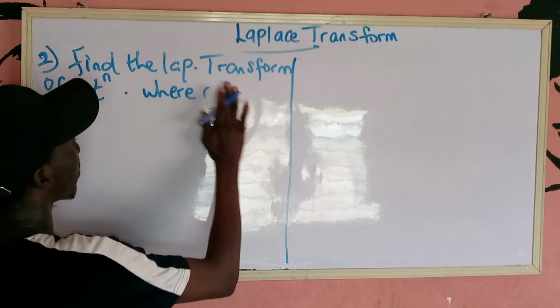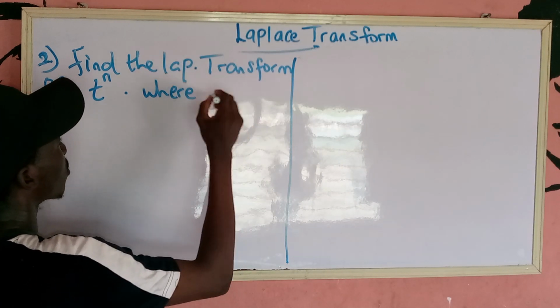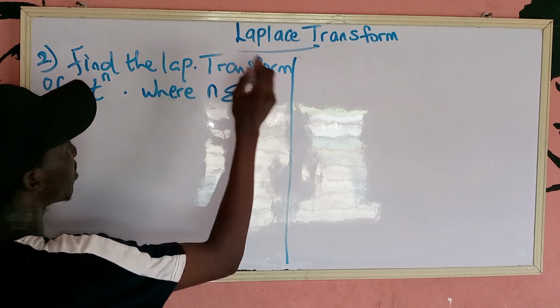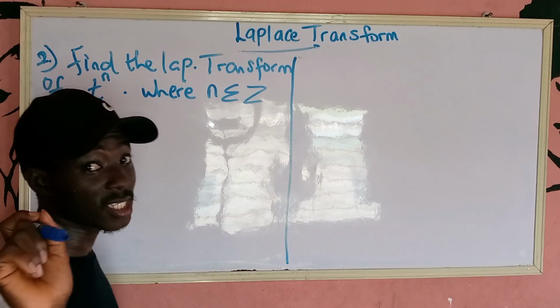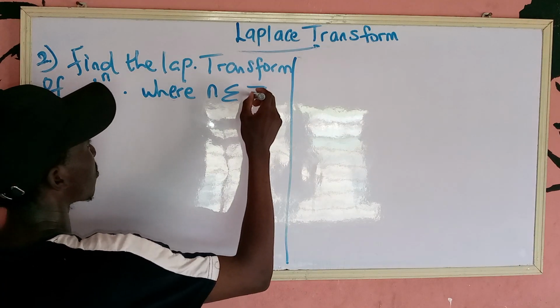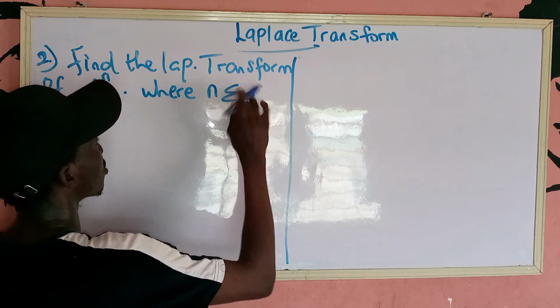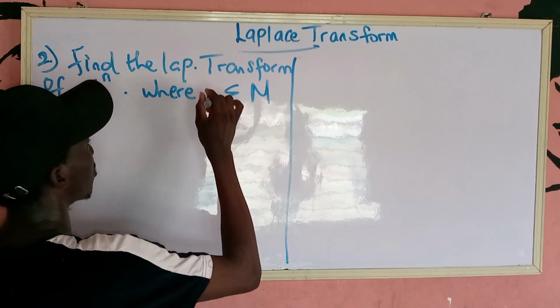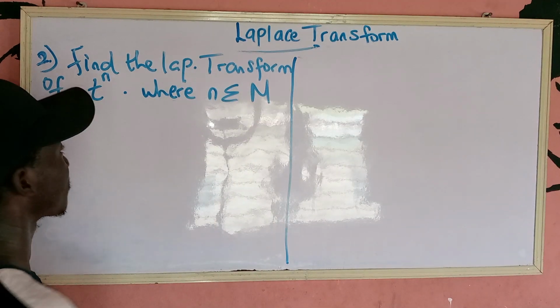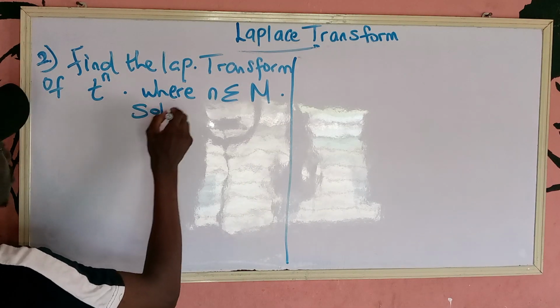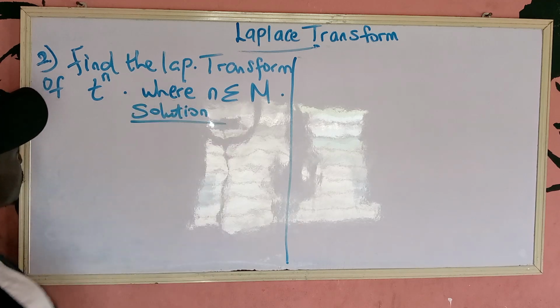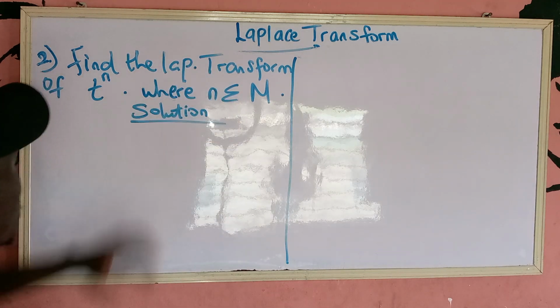So let me write it like this, where n is an element of positive integers. Let me say natural numbers. So your n is an element of the natural numbers. Let's find the Laplace transform of t raised to power n.